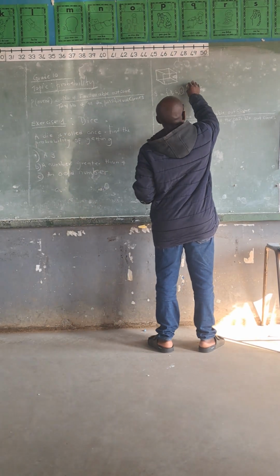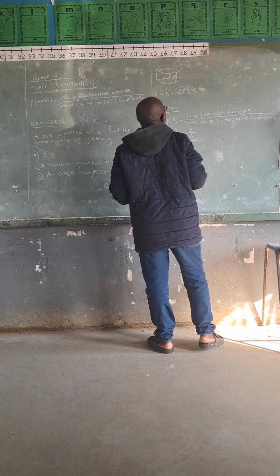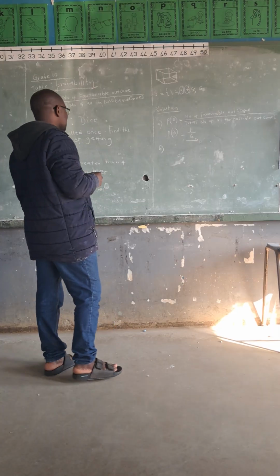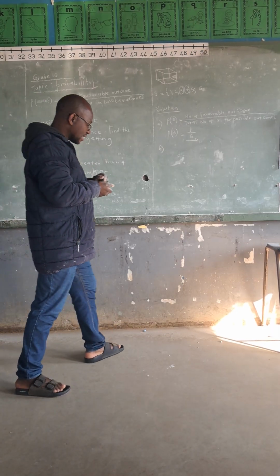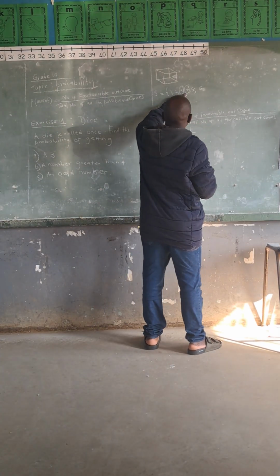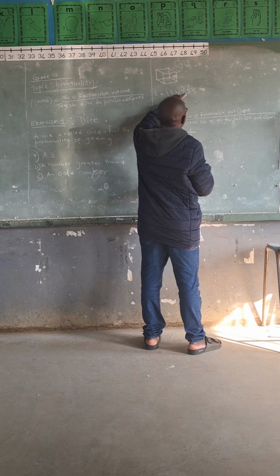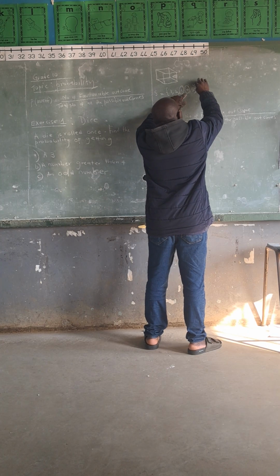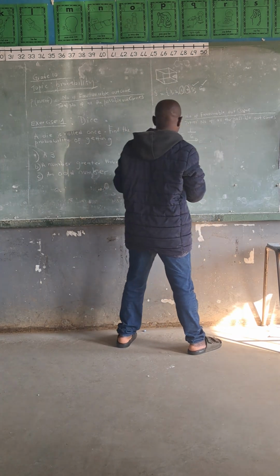On the sample space, now let us find a number greater than 4. On the sample space, a number that is greater than 4 is 5 and 6.